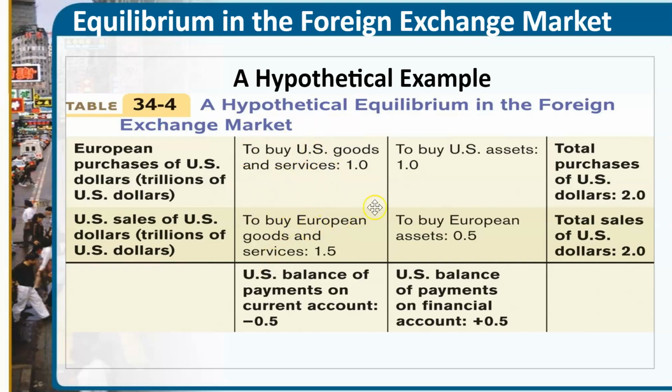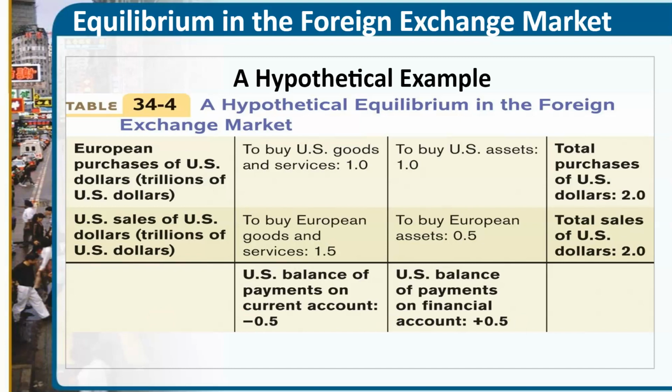This will be current account. Here would be the financial account, and we can see that we are buying more goods and services, more in the current account space than we are in the financial account space, leading to a balance of payments on current account of negative 0.5 and on the financial account of plus 0.5, leading to a net zero. Again, the seesaw coming out equal in terms of what we see here.